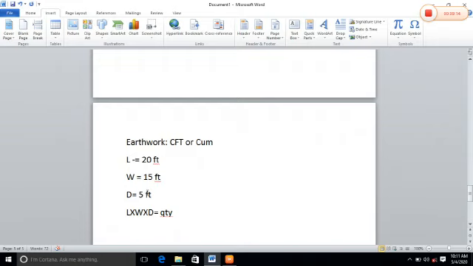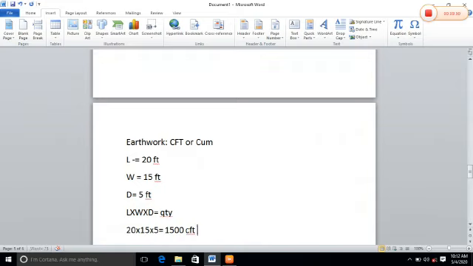For that purpose we will multiply all these quantities: 20 into 15 into 5 will give you 1500 cubic feet.